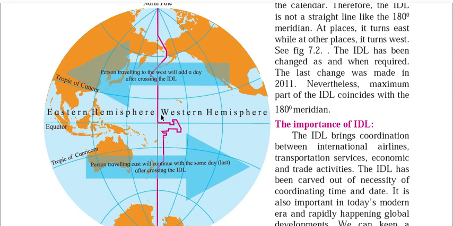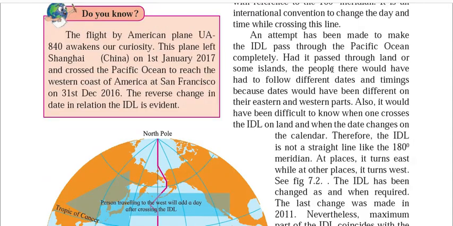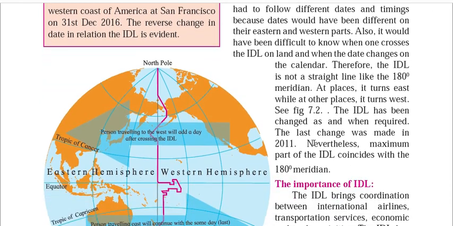So that's why this line is distorted over here. Had it passed through a land or some island, the people there would have had to follow different dates and timings, because dates would have been different on their eastern and western parts, right? Also it would have been difficult to know when one crosses the ideal on land and when the date changes on the calendar, right? So it is a very difficult and tedious thing.